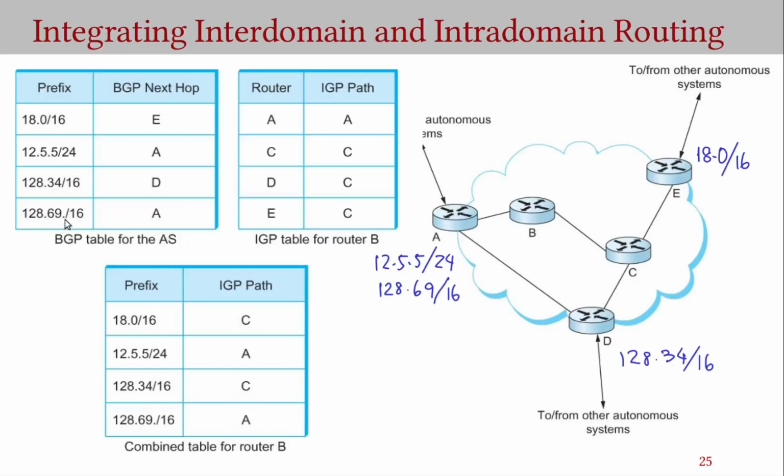This table contains the routes learned using BGP. So these are all interdomain routes, and these routes are learned using some interior gateway protocol.